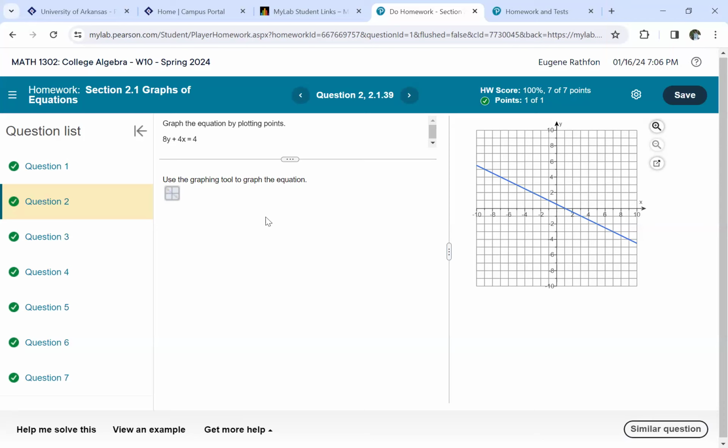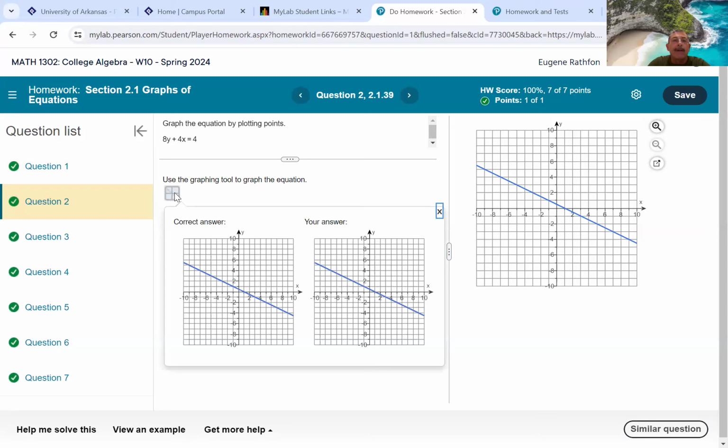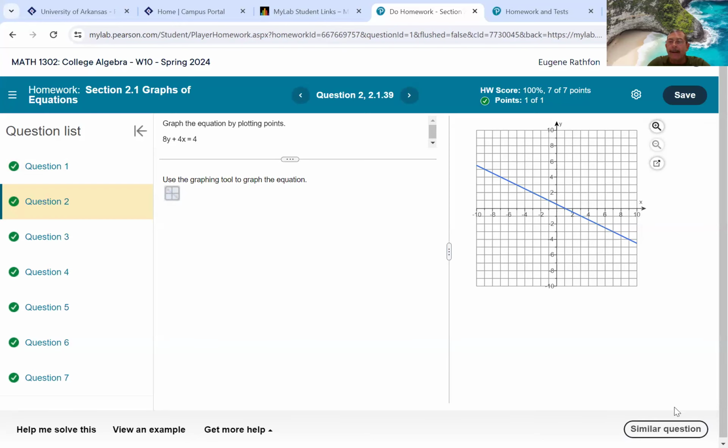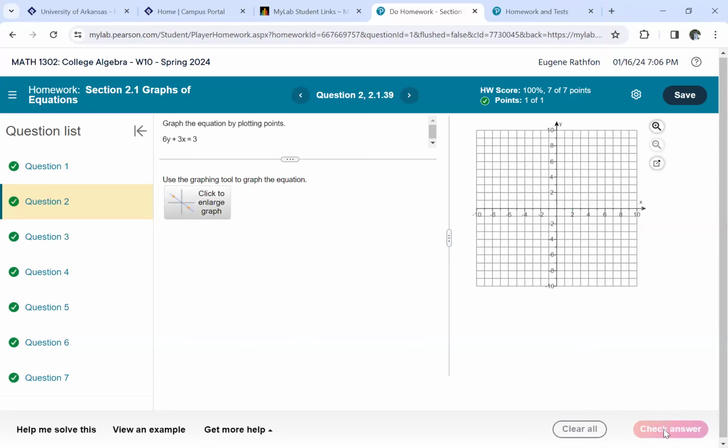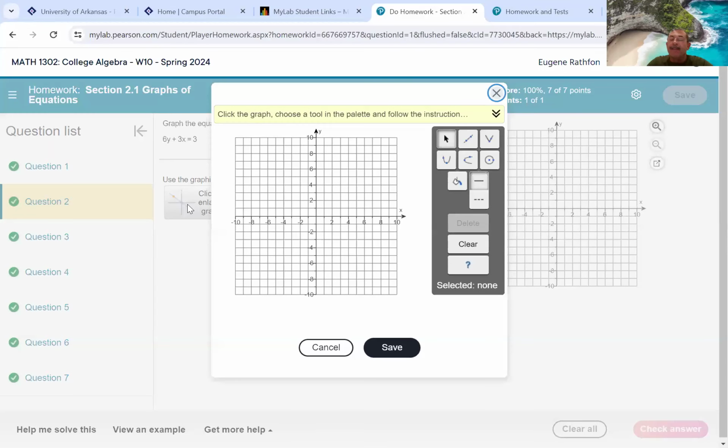Okay, so let me clear this one. It's gonna make me do a similar question. Would it be 0.5 on the graph? So yeah, I'm gonna click the graph. So actually, I'm gonna act like I'm graphing yours for you. So I'm gonna use the line tool. So what was your 2 points?